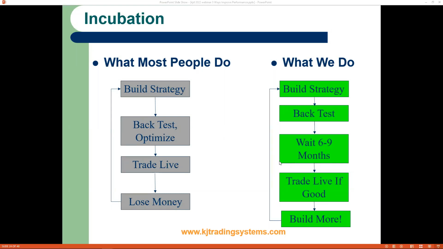And does that guarantee they're going to keep working? No, not at all. But I'd much rather trade ones where I know there was some real-time performance, where I wasn't back testing my way to success. It's hard to mess with real-time performance when you do it correctly.